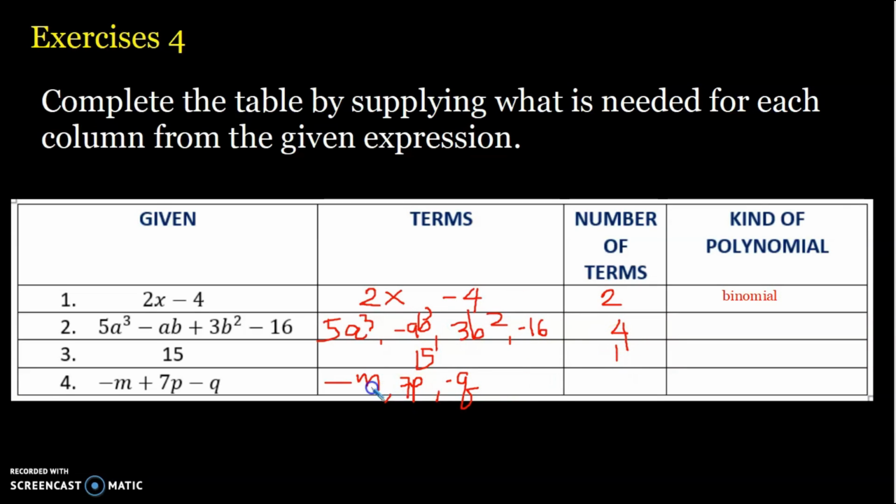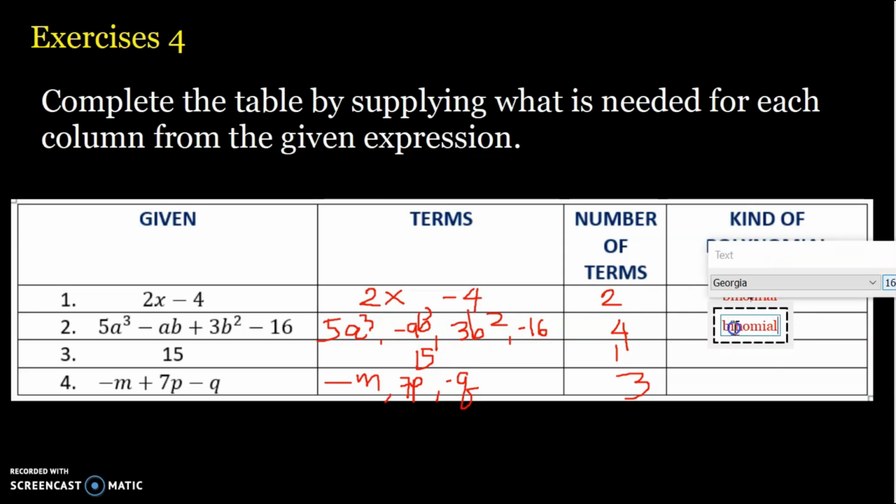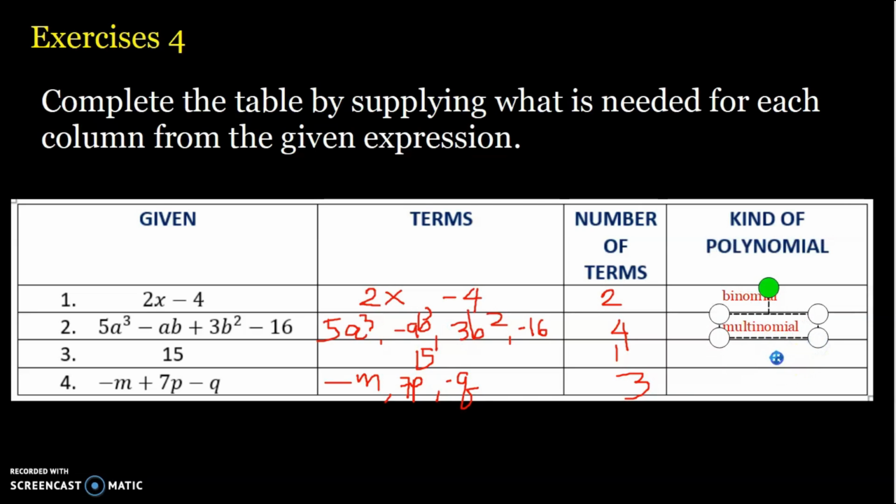So, we now determine the classifications based on the number of terms. Okay, 4 terms, ang tawag natin doon ay multinomial. So, for number 2, it's a multinomial.